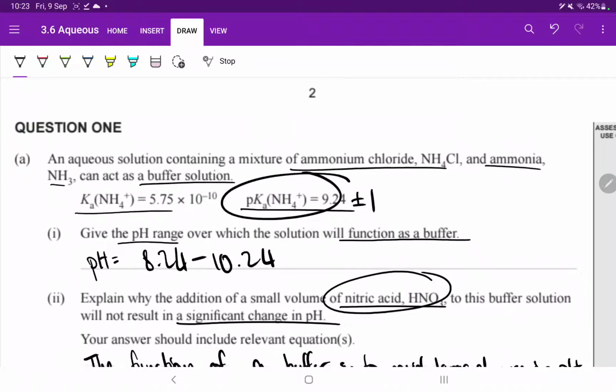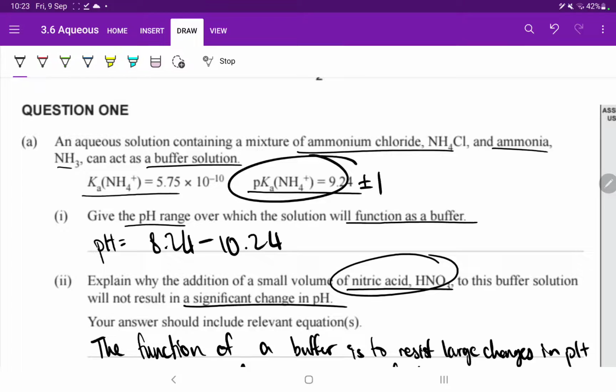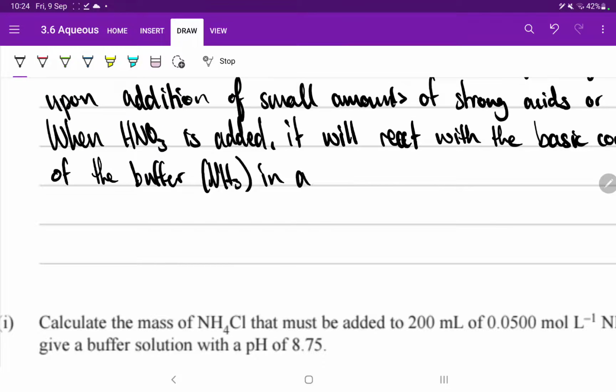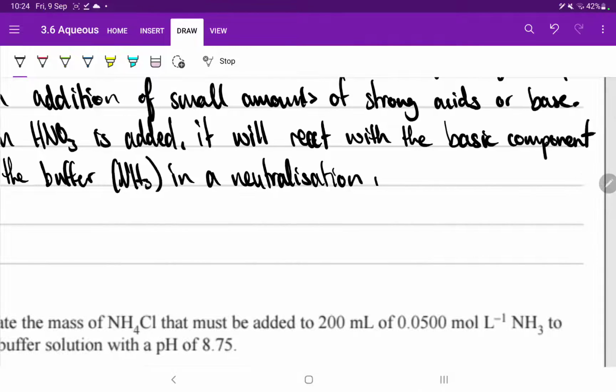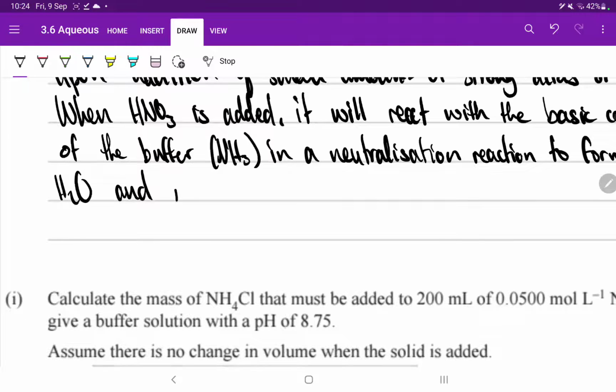The context here is an ammonia buffer, so our basic component is just ammonia, NH3, in a neutralization reaction to form water and the conjugate acid of the base.